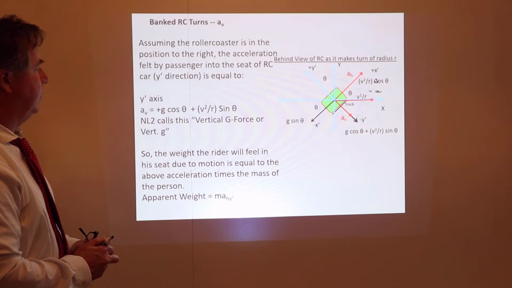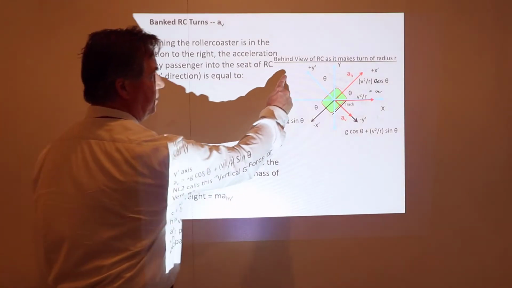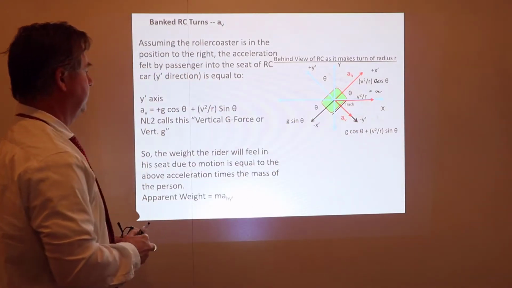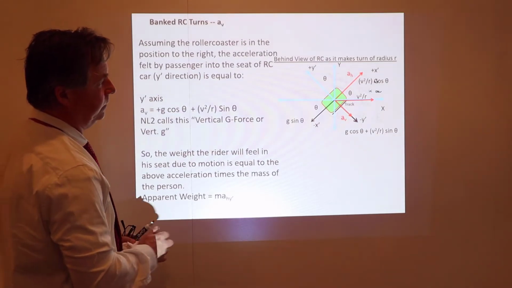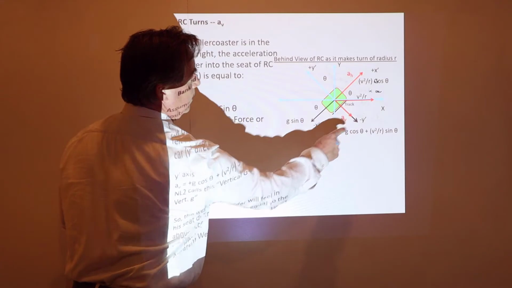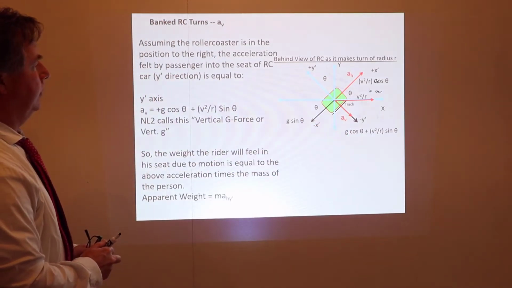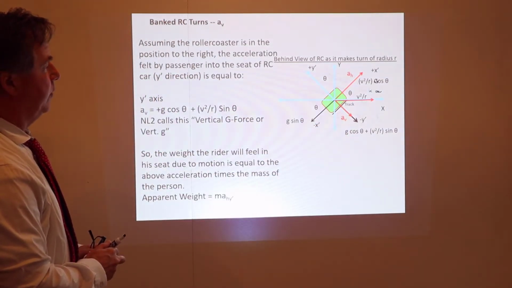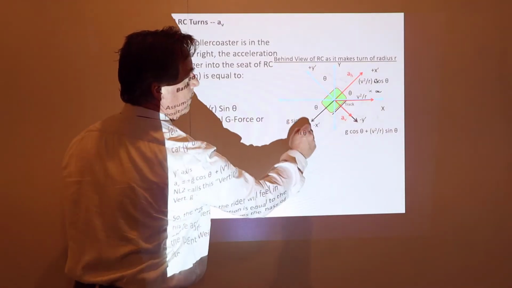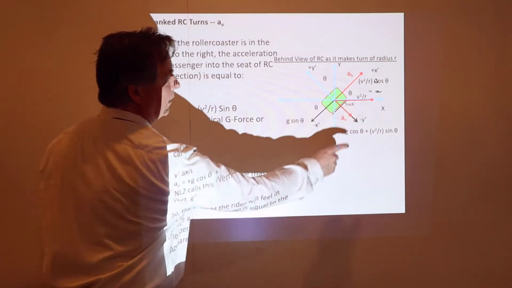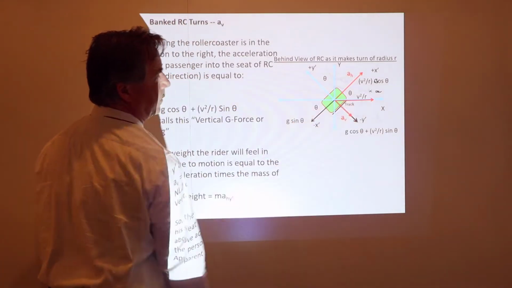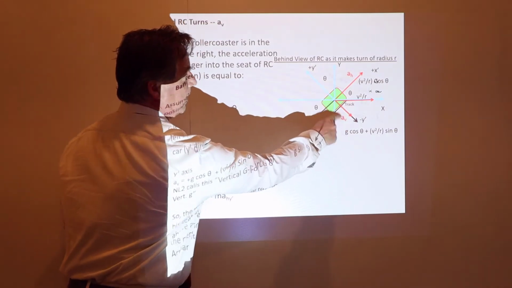There's also a component of acceleration in this direction, vertical acceleration, and that's g cosine of the banking angle in this direction, plus the vertical component of centrifugal acceleration, v squared over r sine of this angle. So here's g cosine theta, and here's v squared over r sine theta.